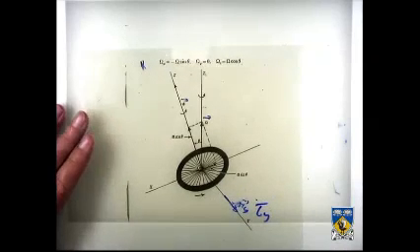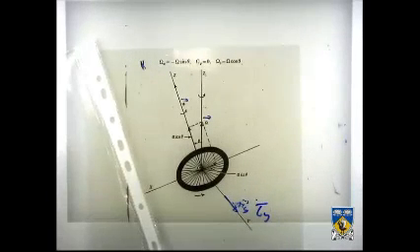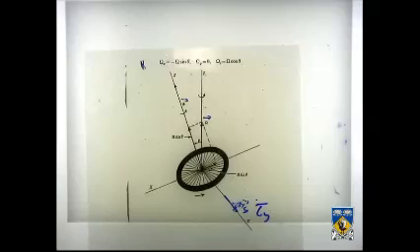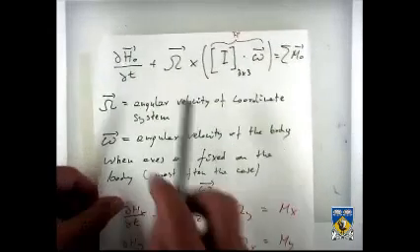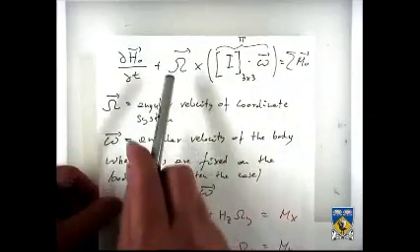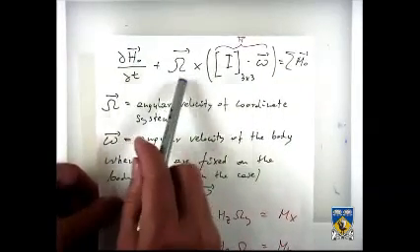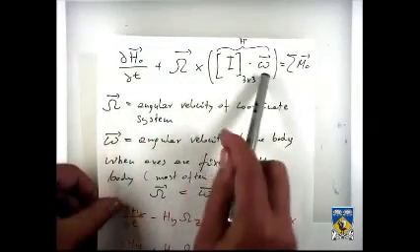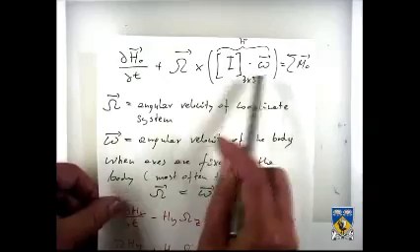So here you have an example of a coordinate system in which the inertia matrix is constant, but it is not completely fixed on the body. And that's why in our equation here, I make an explicit difference between the angular velocity of the coordinate system and the angular velocity of a body.